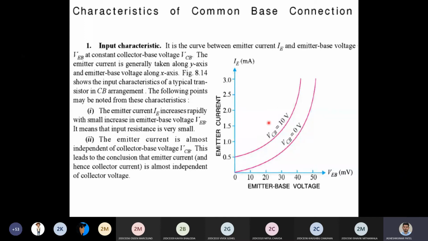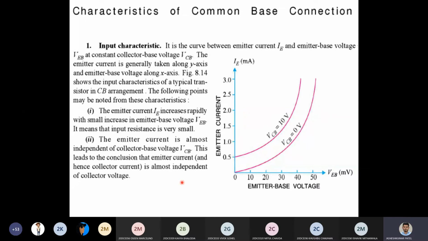Though I have 10 volt at the collector base, there is only a very slight increment in my emitter current IE. So that represents that there is no significant effect of your collector base voltage VCB on your input emitter current. That's the two points that we can get from this characteristic.